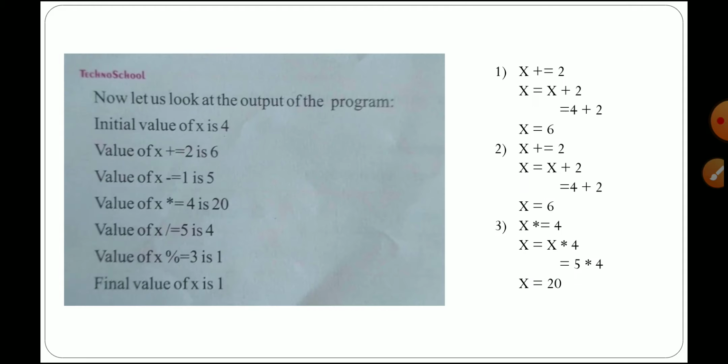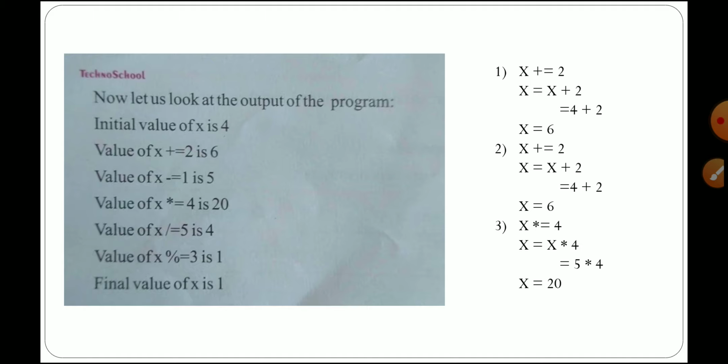Next, this is the output. The explanation is given on the right hand side. x plus equal to 2 is the expression, the shorthand way of writing it. We are going to expand and write that first expression, x plus equal to 2, as x equal to x plus 2.